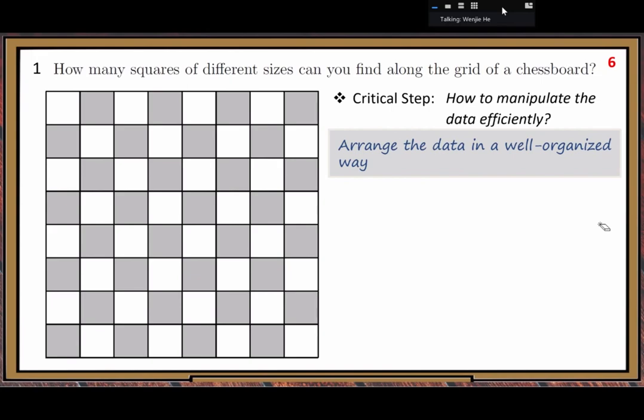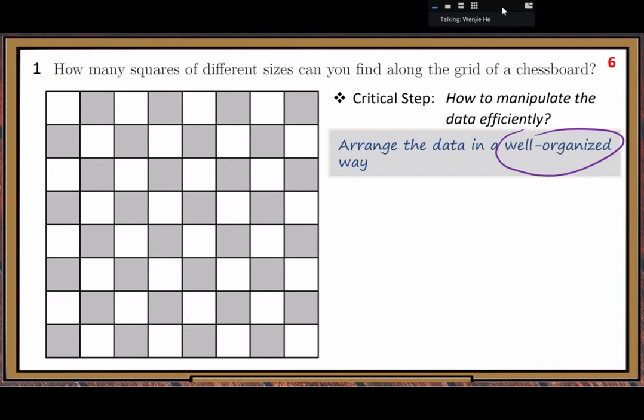Now the question: even if you know you need to do this, the question is how to do it, right? How to organize your data in a structured way.